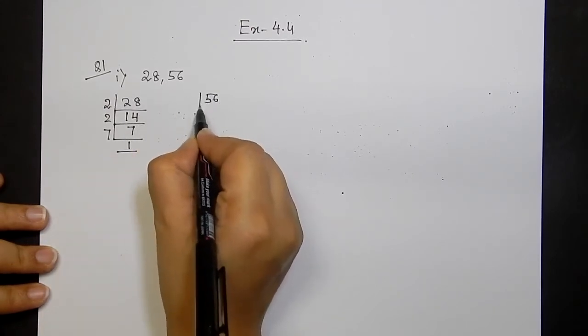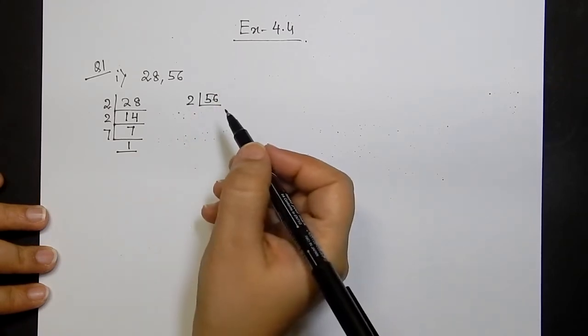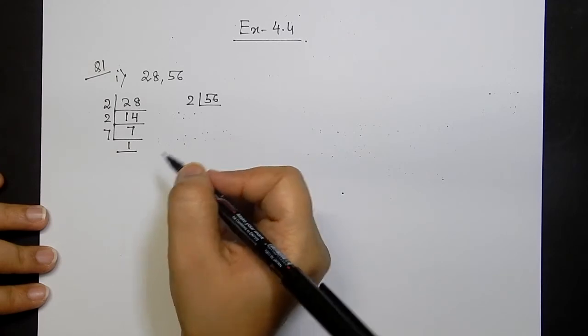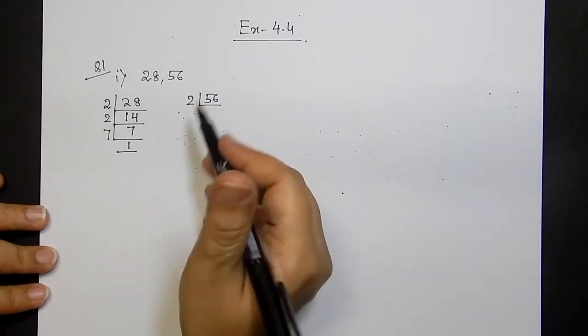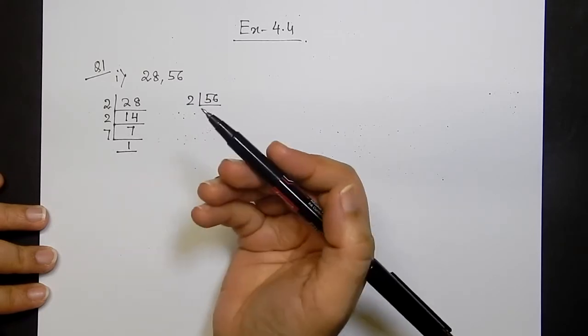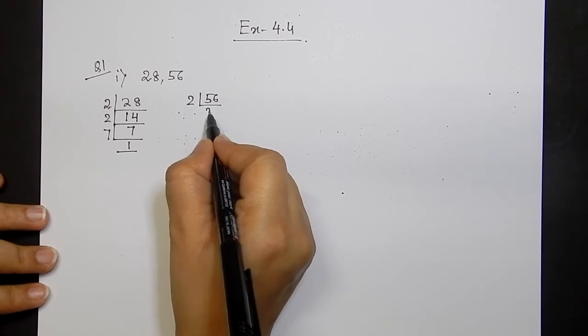Then 56, again we will start with 2 because it's an even number. We will always try with the smallest number first. So we always start from 2, and if it is divisible by 2, then we divide it by 2. Otherwise we move forward one by one.